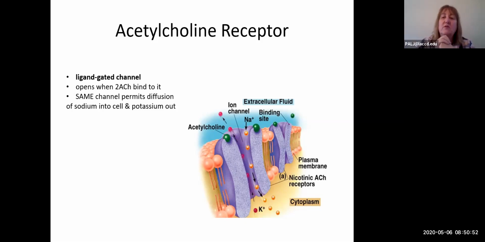So when the 2 acetylcholines bind to the ligand-gated acetylcholine channel, then a channel opens up in that receptor, and that channel will allow sodium to enter the cell, thereby depolarizing, but it also will allow potassium to exit the cell. So the same channel on the same receptor allows both diffusion inward of sodium as well as a slower diffusion outward of potassium.